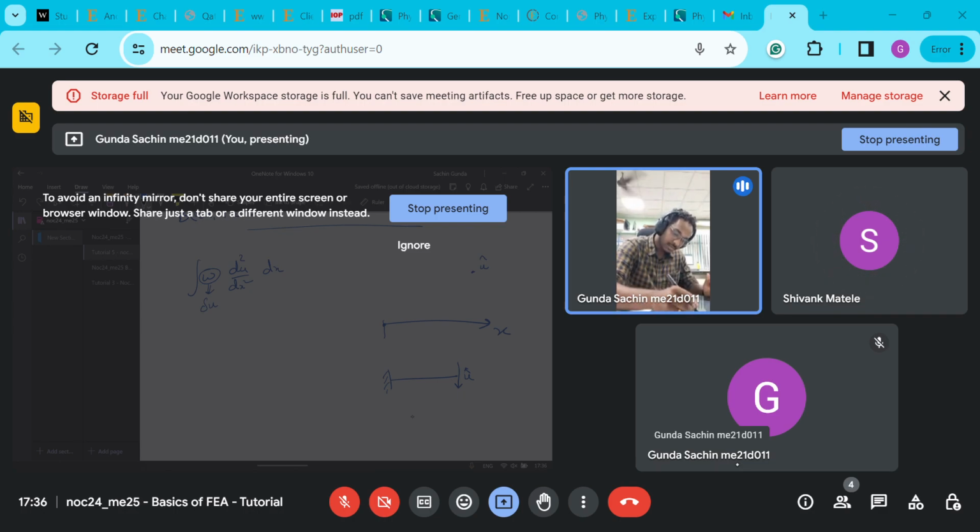We definitely know that u will be 0 at the left point and U cap at the right point, but we want to find what u of x will be in between. That's unknown. It can be anything.